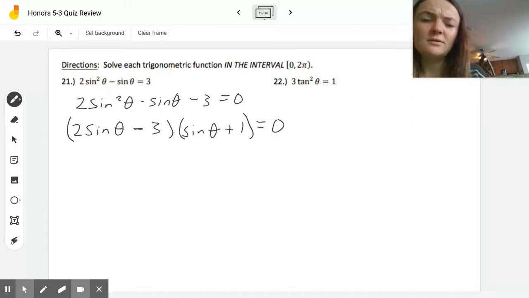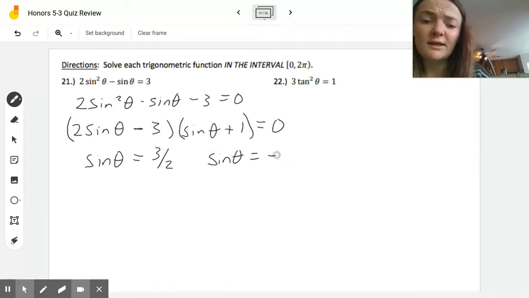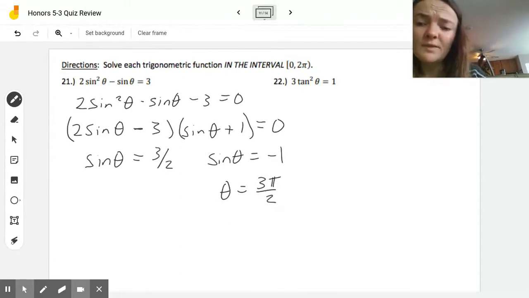All right, so what I'm going to do is go ahead and solve this generically. Using the zero product property, sine theta is going to equal 3 over 2. And using the zero product property, sine theta is going to equal negative 1. Well, sine theta equals negative 1 we already talked about at 3 pi over 2. So I want to know when does sine theta equal 3 over 2? Well, that right there is going to be a calculator question.